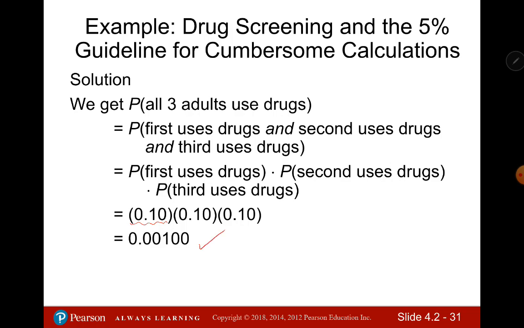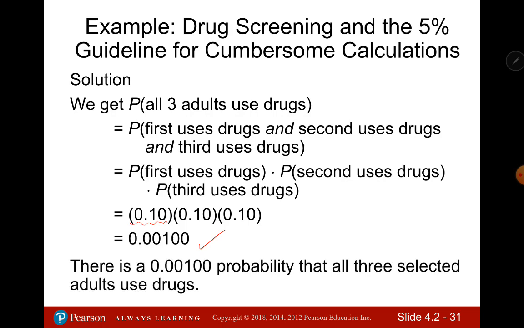So we will get this answer. We treat all the selections as independent, even though they are actually not independent because the selections are without replacement. But based on the 5% rule, we can treat them as independent. So that's the interpretation.